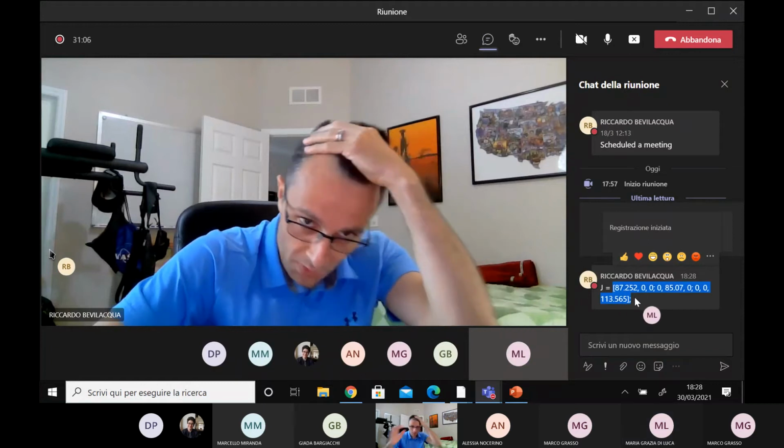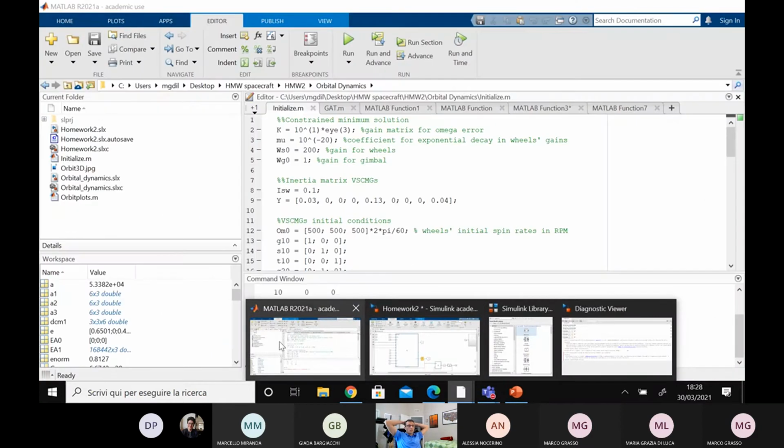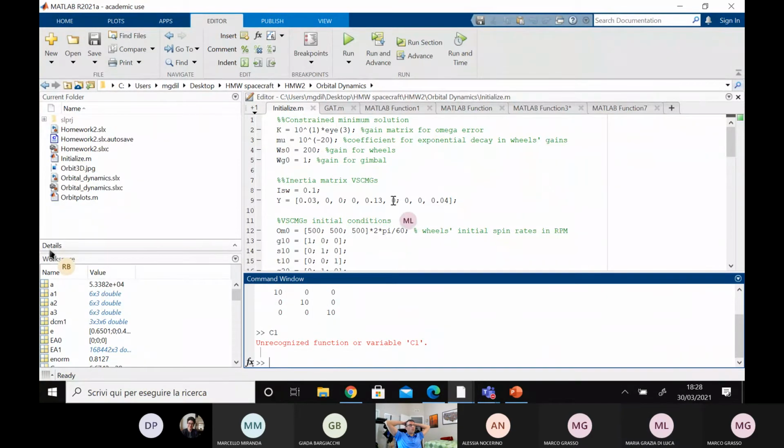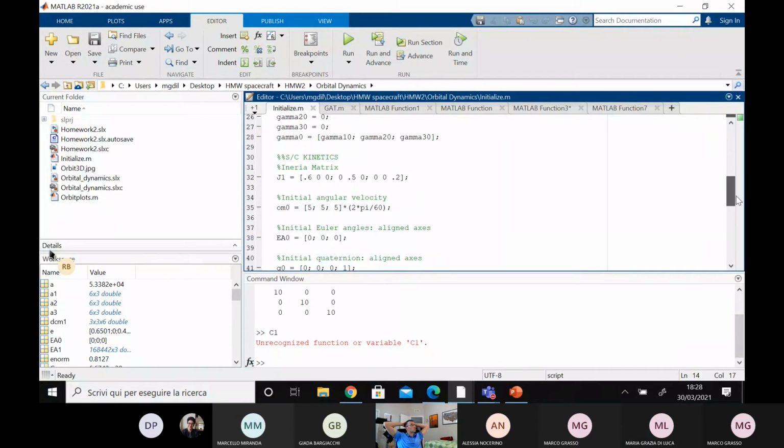I don't know why it should be singular, but I'm wondering if you have an inertia matrix of the main spacecraft that is comparable to that of the variable speed control moment gyros. It should not go singular. So it should be this one, right? Yeah.